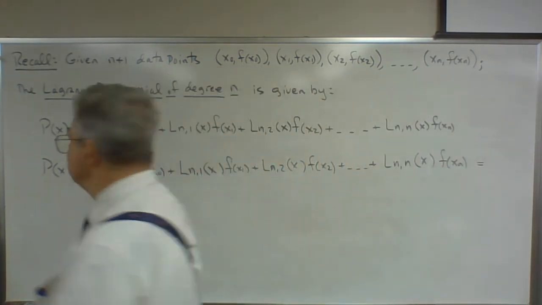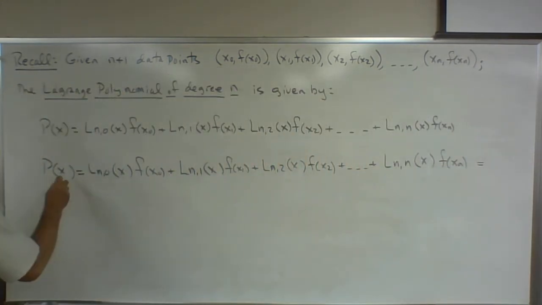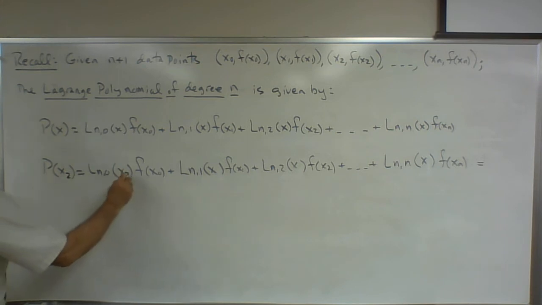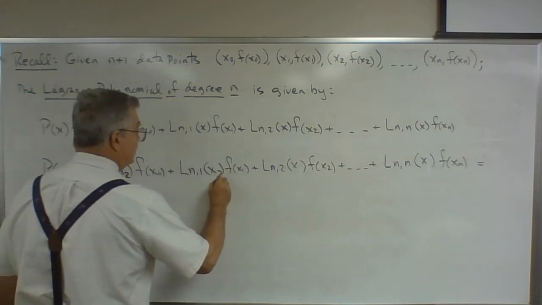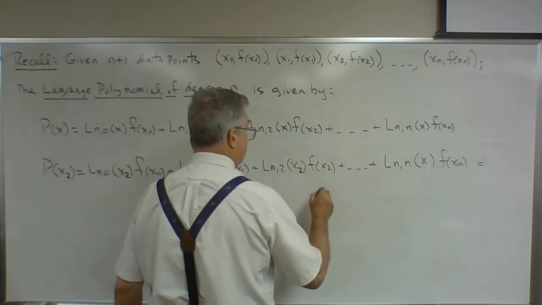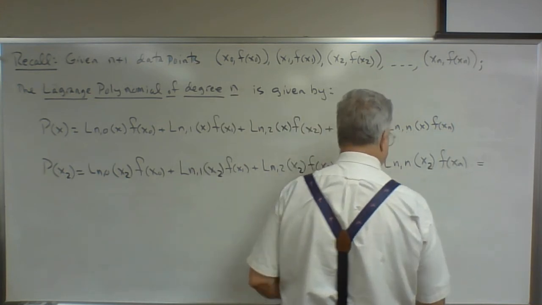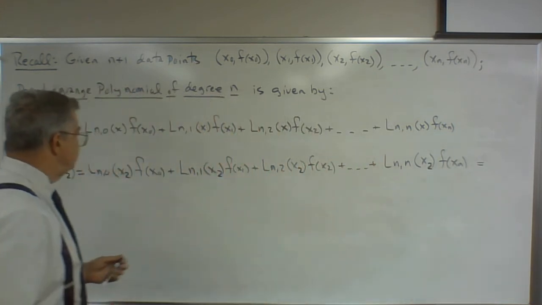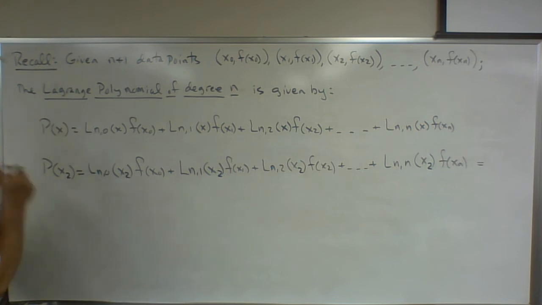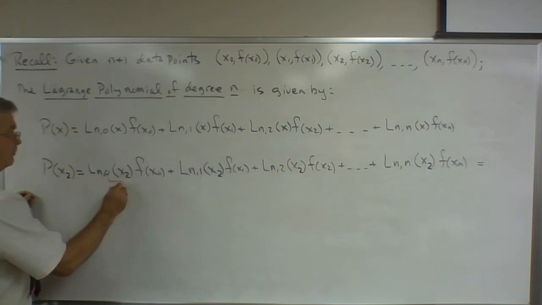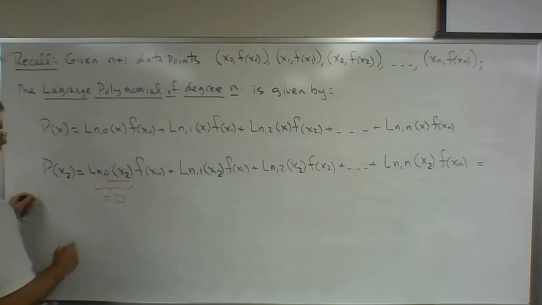Let's say x of 2. I'll plug in x of 2, and let's see what happens. These two subscripts don't match, so this thing is 0.